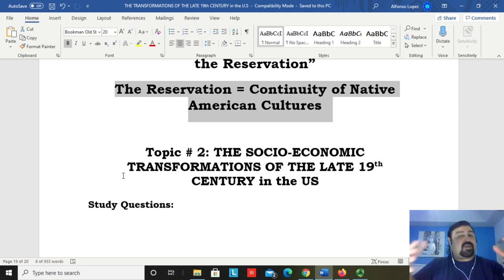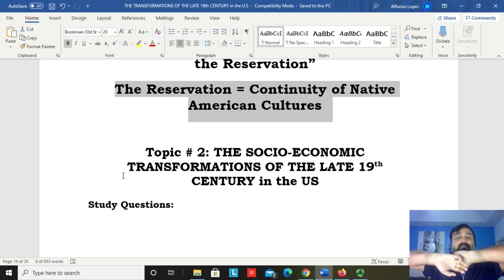So the reservation itself, as I said, the positive aspect of the reservation was that it really provided a space for Native Americans to preserve their heritage, to preserve their culture, that otherwise, if there was no land given to them, no reservation, no territory given to them, the possibility was that those groups were going to disband.